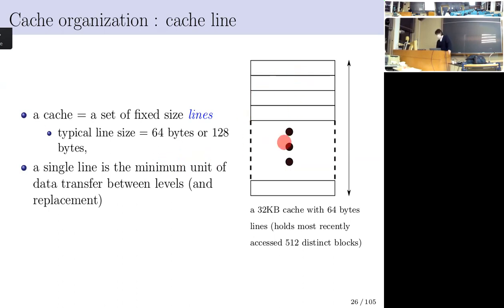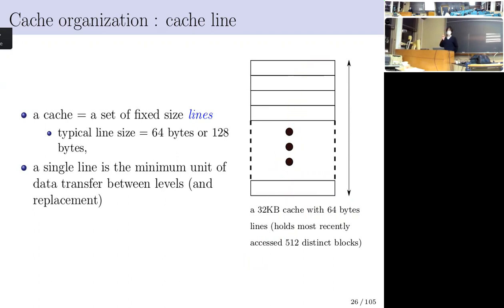So here's the picture somewhat closer to reality of a 32 kilobytes cache with 64 byte lines. It is actually 512 lines, each line having 64 bytes.